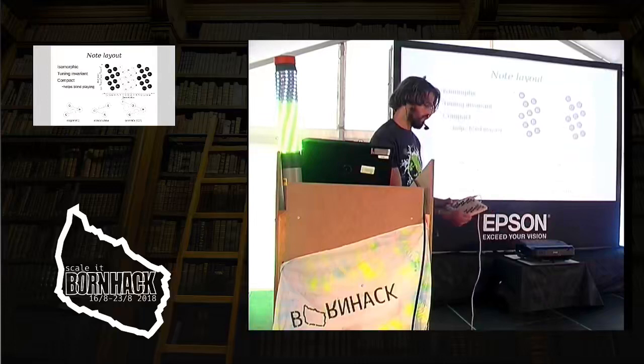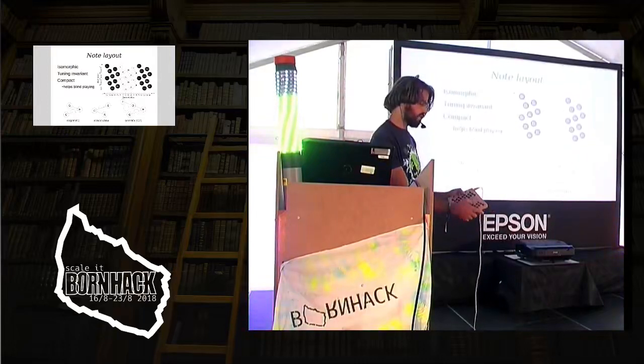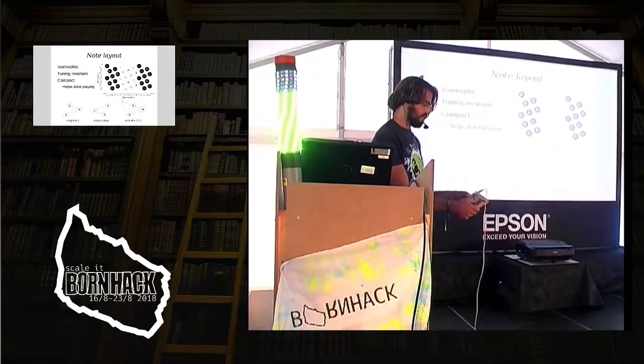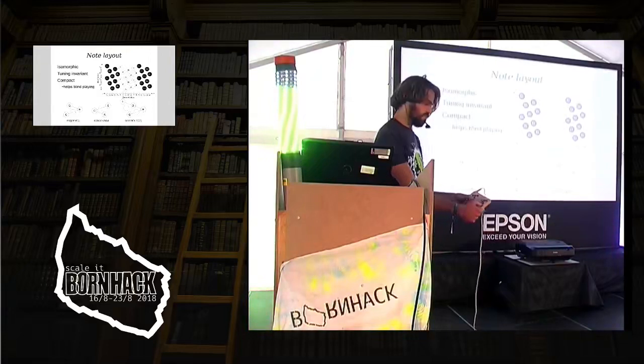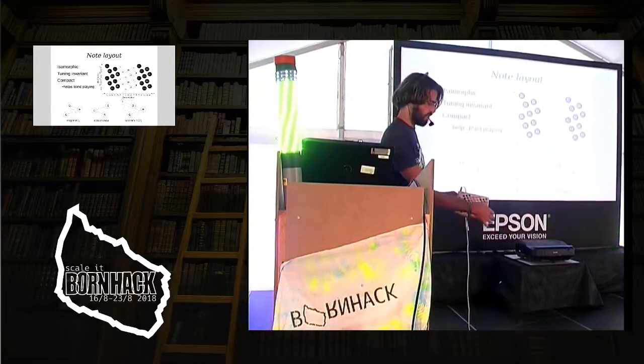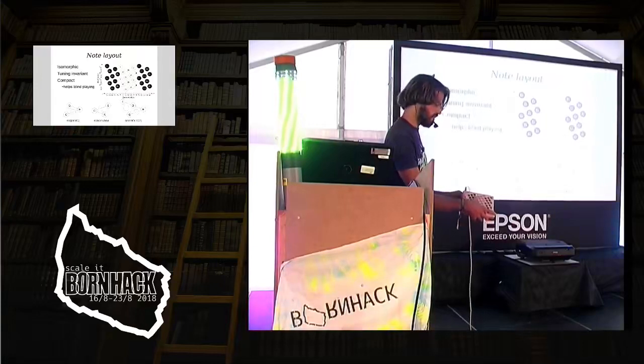So for example, now I set it to a 31-note tuning. In a 12-tone tuning, the B flat and the A sharp are the same. In this note layout, they are located on different sides. The sharps are here and the flats are here. They sound the same.